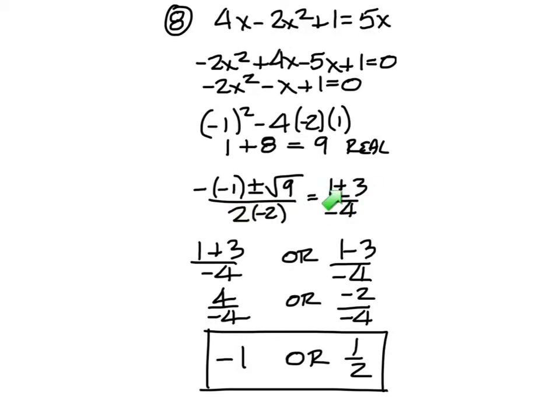Now whenever you end up with something as neat as this, you don't have to multiply everything by negative 1 right now, because this isn't your final answer. You can go through and evaluate it and then see what you end up with. So 1 plus 3 over negative 4 is going to be a negative 1, and 1 minus 3 over negative 4 is going to be a positive half.